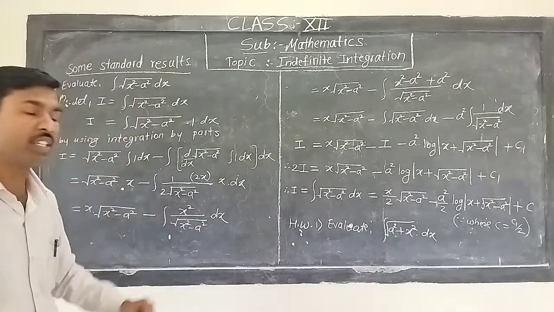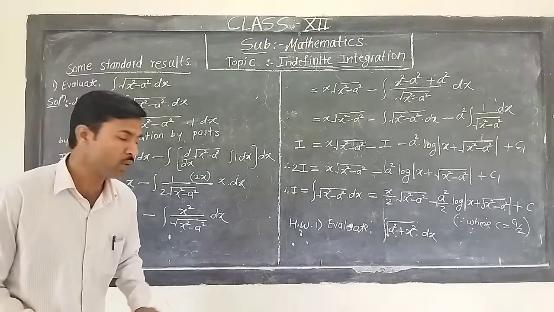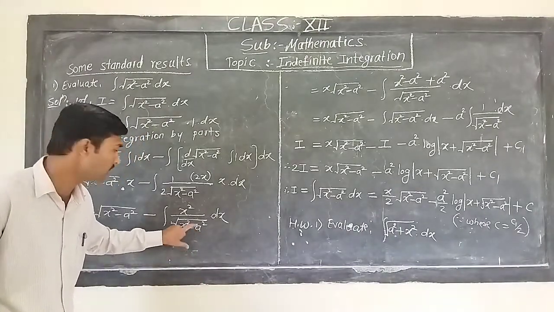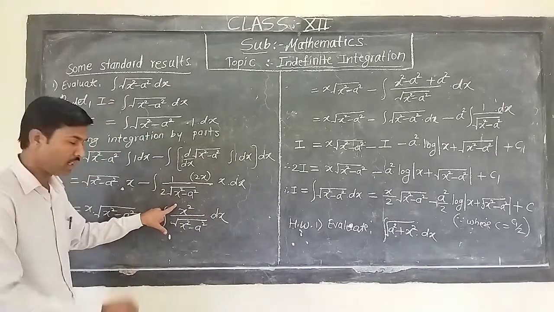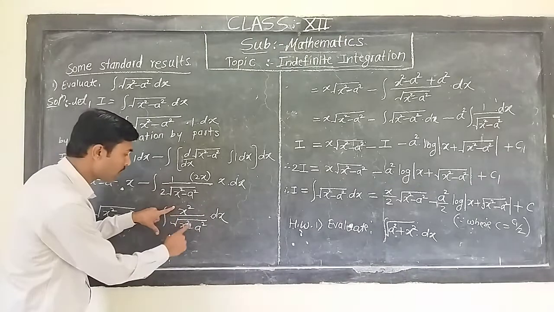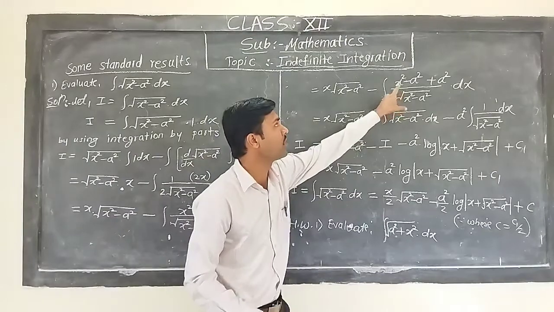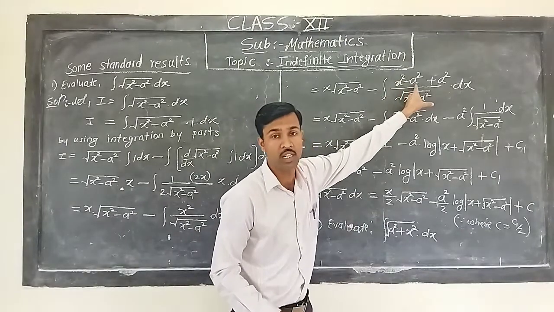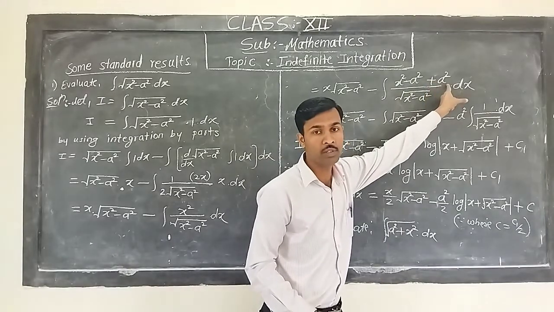While solving such a type of integration, we have to try to adjust this denominator in the numerator, and for that the term we need is x square minus a square. Here x square is present, so we have to take minus a square here. After taking minus a square, it will be x square minus a square, but we have to balance this minus a square, so I put plus a square also here.